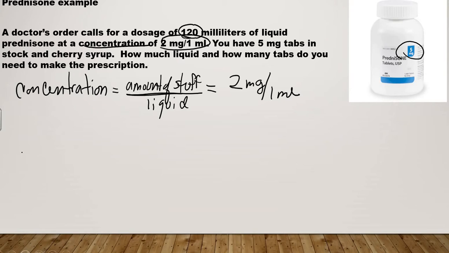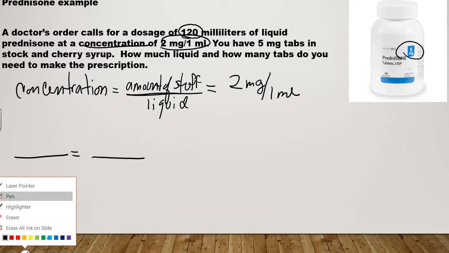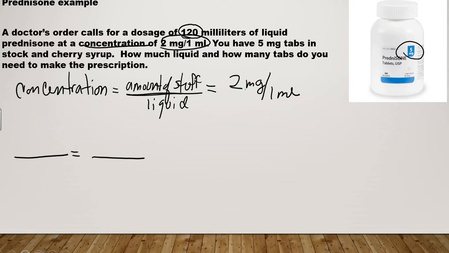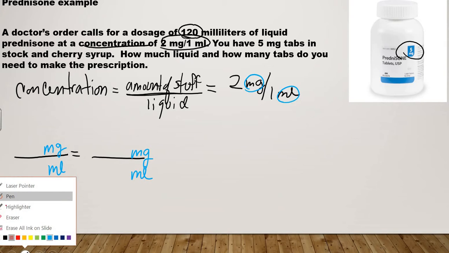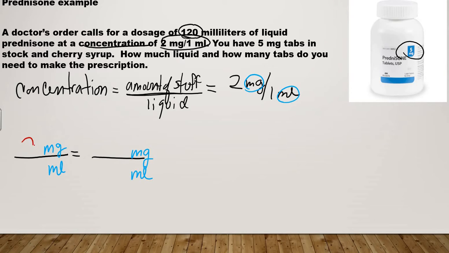So I'm just going to start with my proportion, because that's what I'm going to do every single time. It's very important you keep your units straight. So we're going to go milligrams over milliliters. Our first order is we start with the proportion we were given. We want 2 milligrams of the prednisone for every 1 milliliter of liquid.